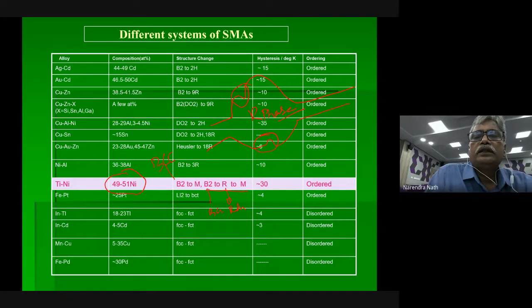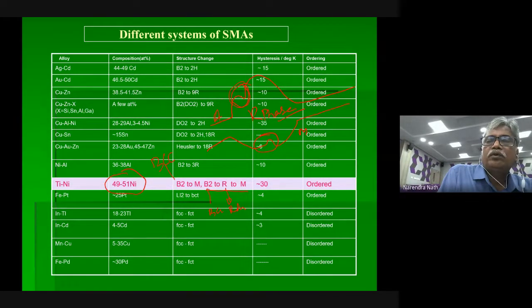That means austenite to martensite transformation is taking place through rhombohedral, and people are using this as an advantage to suit their applications. You can remove this through processing, through treatment, but you can also increase this phase. That depends again on how you are going to make it, for what purpose you are going to use it. So this is the way.